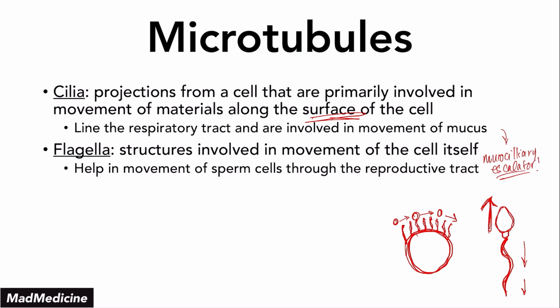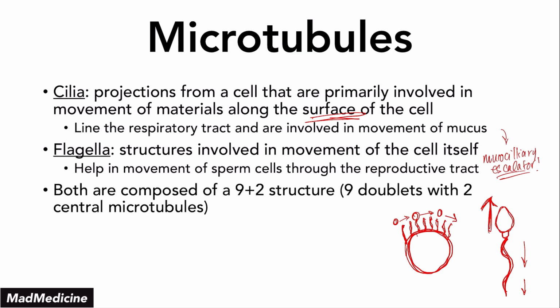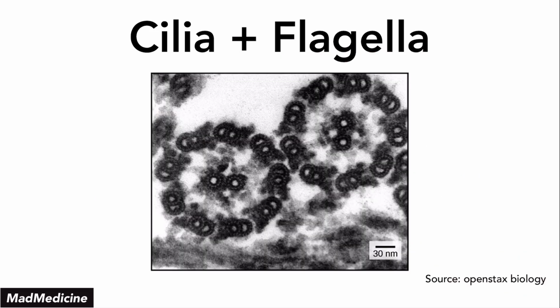Now both of these components have a very important structure, and essentially it's called the 9+2 structure. They're composed of 9 doublets with 2 central microtubules. Okay, flagella and cilia are composed mainly of microtubules, but it's a 9+2 structure, so you have 9 doublets and 2 centralized microtubule pair. And this is what it looks like right here. This is what cilia and flagella look like under the electron microscope.